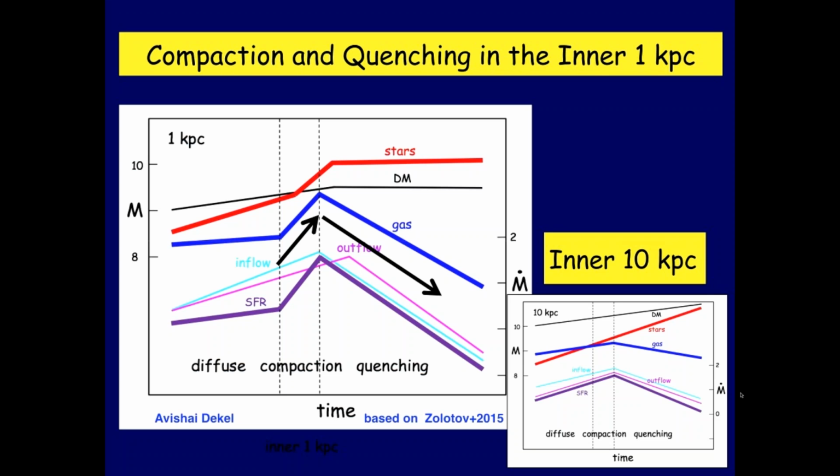Now, if you look on the larger scale of essentially the whole stellar galaxy, you see that although star formation ceases in the inner kiloparsec after the compaction phenomenon, star formation continues out to larger radii, which are still dominated by dark matter. There's a gas inflow, and then the gas gets used up and converted into stars, and the galaxy starts to quench typically. So let's look at how this actually works in an example simulation.